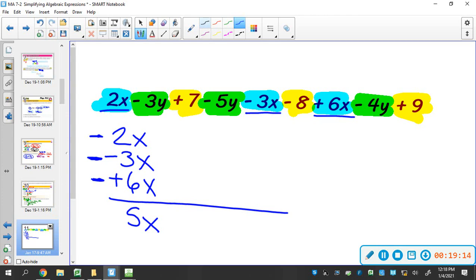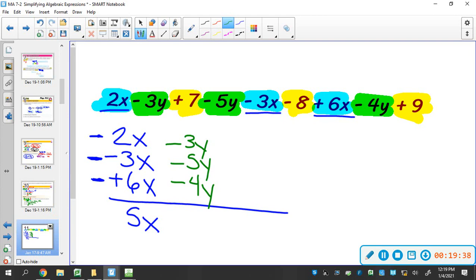Okay? Then I have all my green ones here. My -3y minus 5y minus 4y. Well, since they're all negatives, that means I can add up what the absolute value would be, and keep my negative.